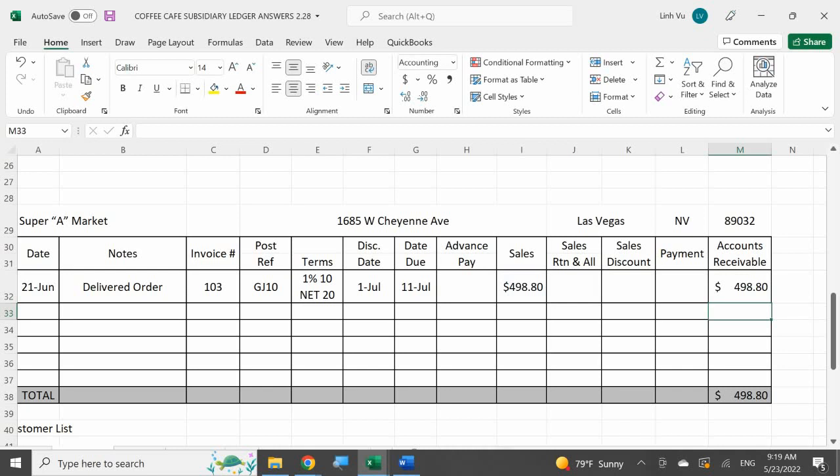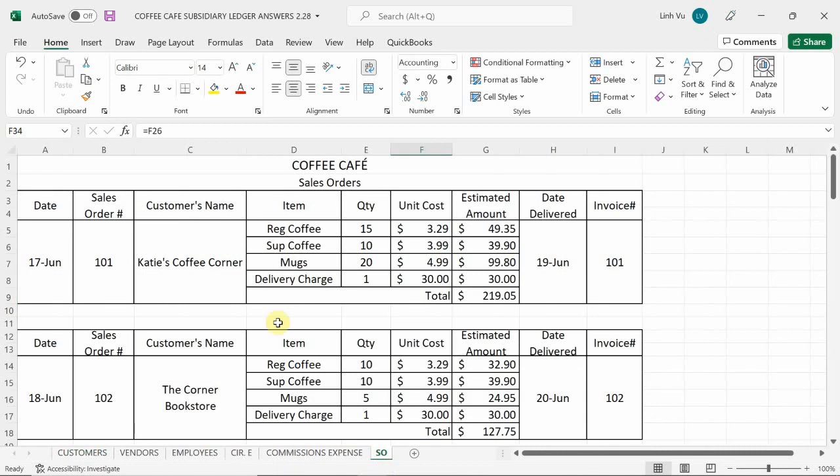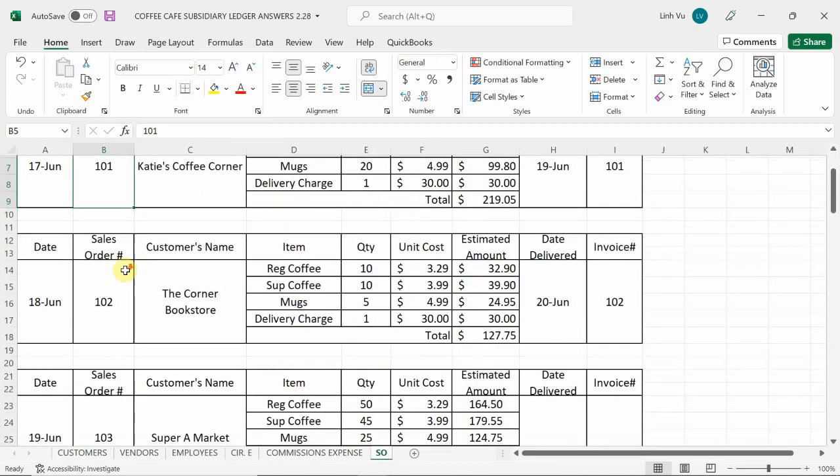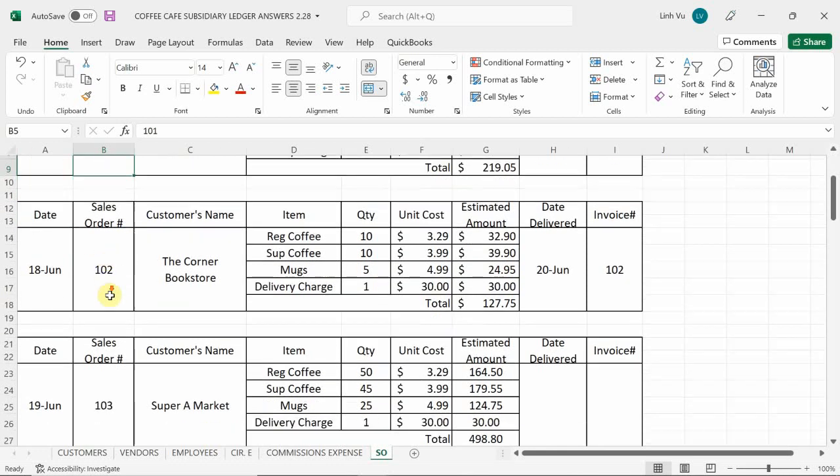Two more things that we need to do. Since we delivered this order to Super A Market, we need to check mark that off in our sales orders just to ensure that we did deliver it. We've already delivered to Katie's Coffee Corner and the corner bookstore.